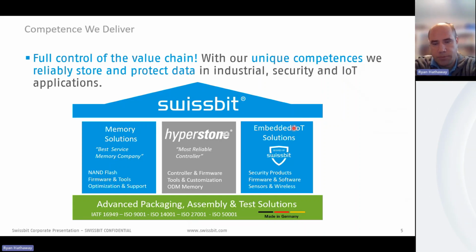That's our security solutions. For security, we have security products, physical products. We also make our own security firmware and software. That's all made in-house out of our Hyperstone group or our security group, both located in Germany. And then we also have our own controller in addition to our firmware team. This is something that sets Swissbit off a bit.